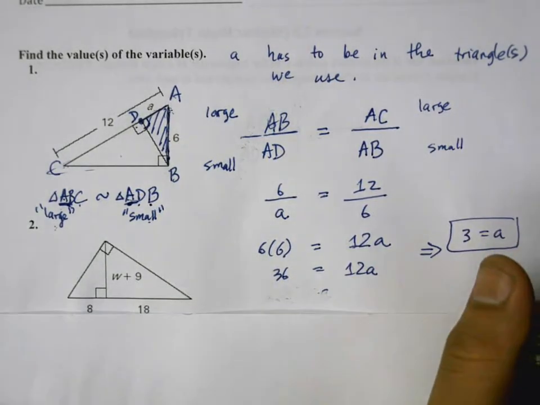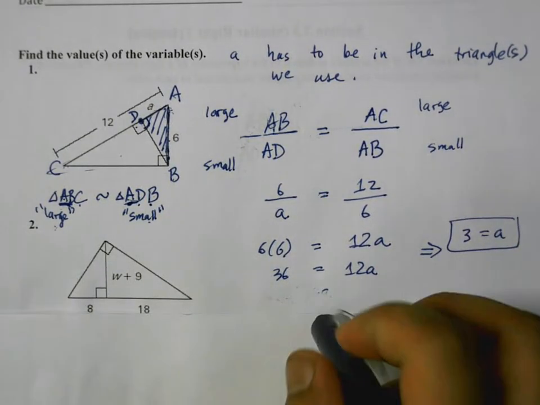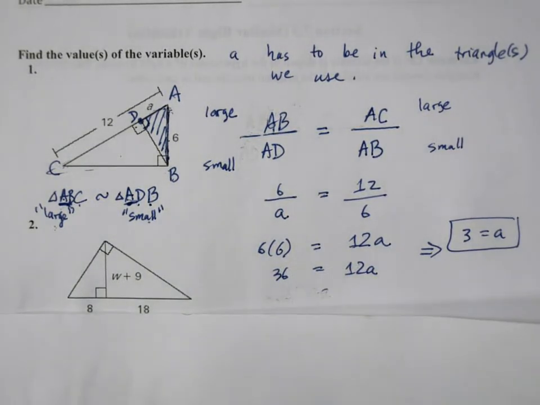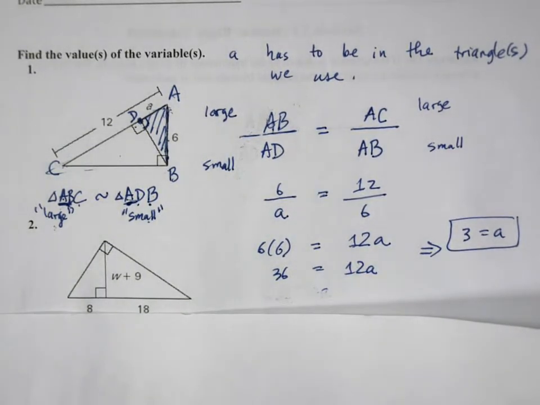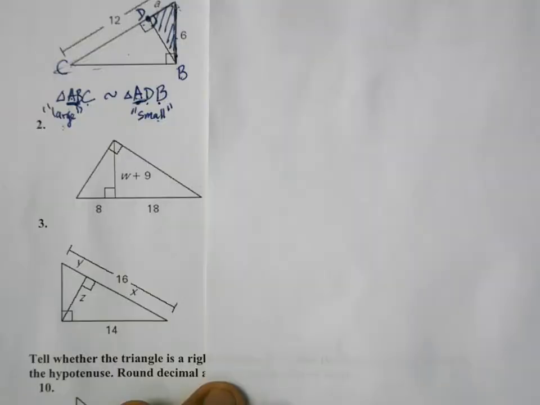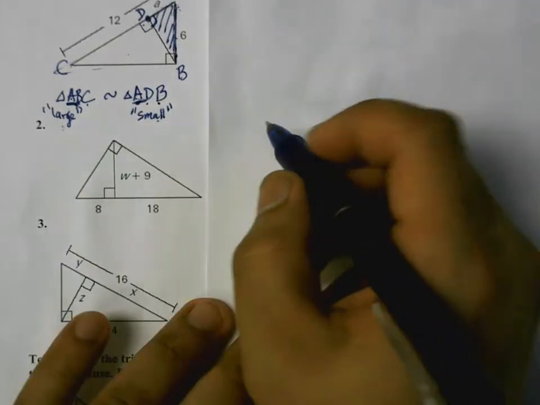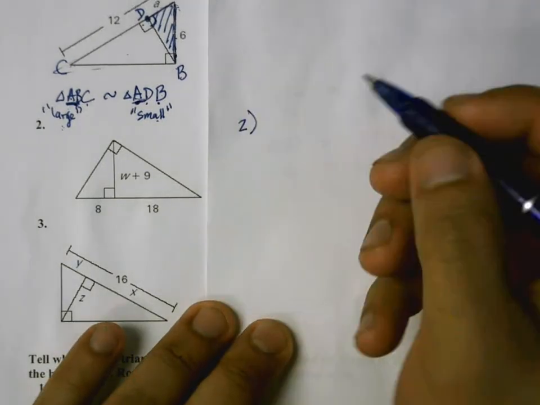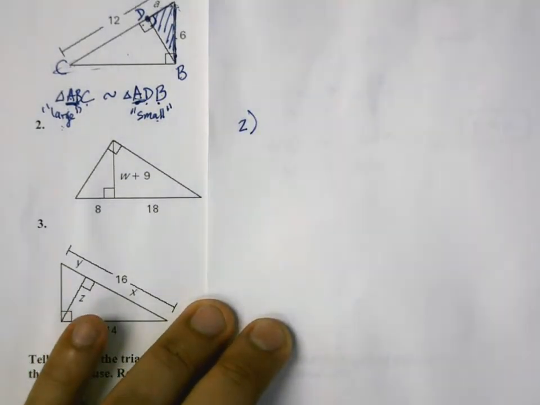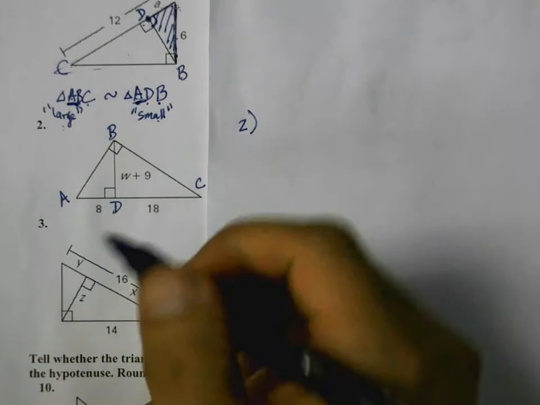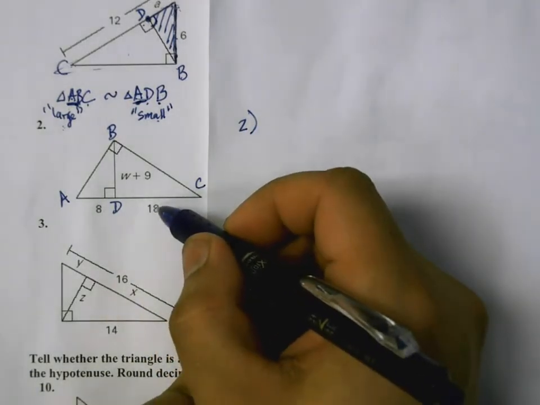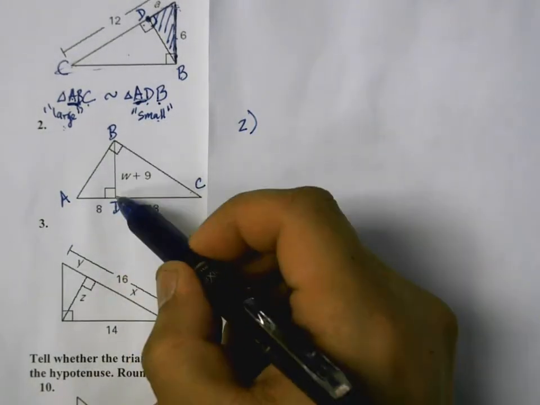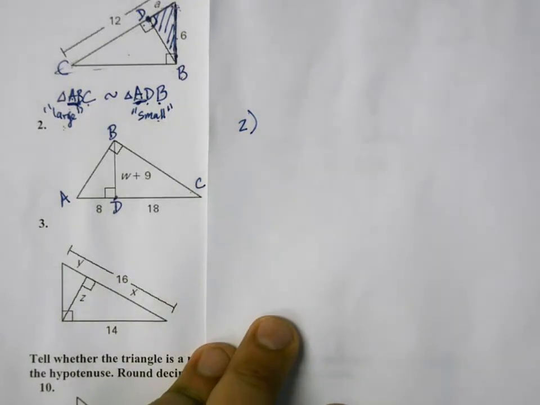Okay. And there you have it, our first example of how to solve for a missing variable in one of these similar right triangle questions. Alrighty, so on to the next one. I'm going to do this on a separate sheet of paper just because I'm running out of space on the other sheet. You might want to do the same. And I've labeled my triangle this way, ABC, and then D is this point right here.